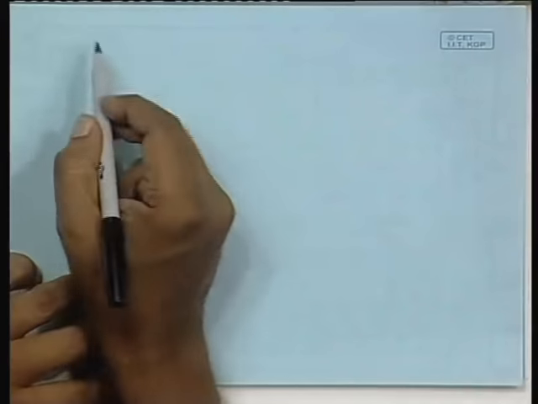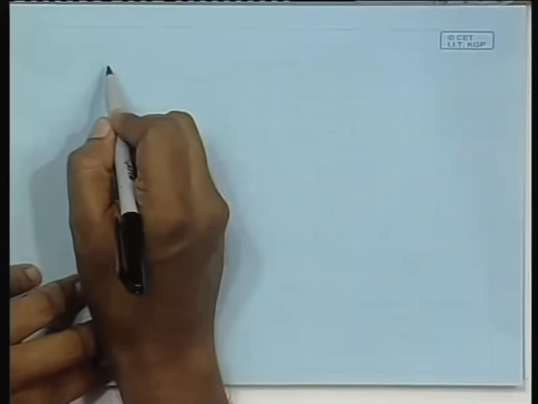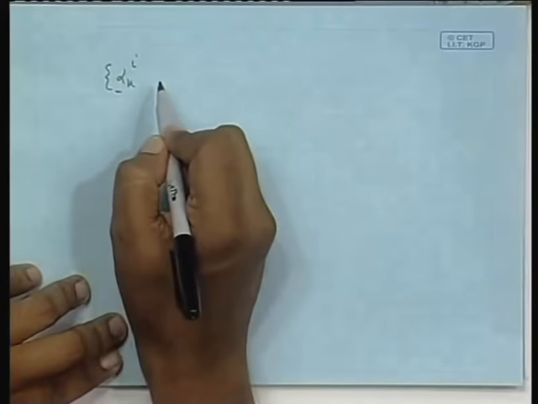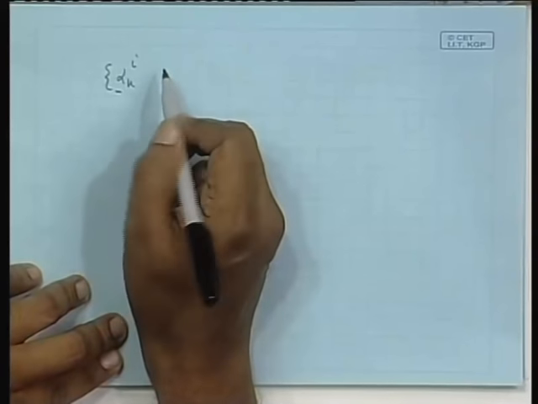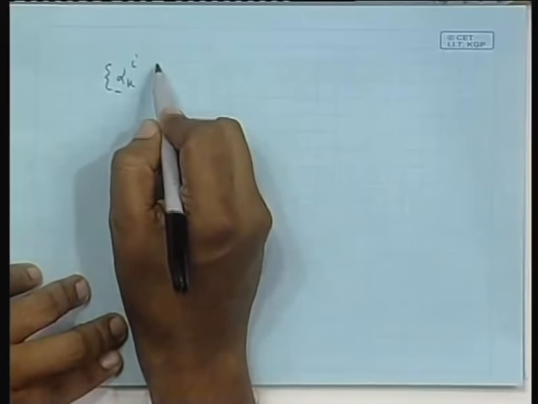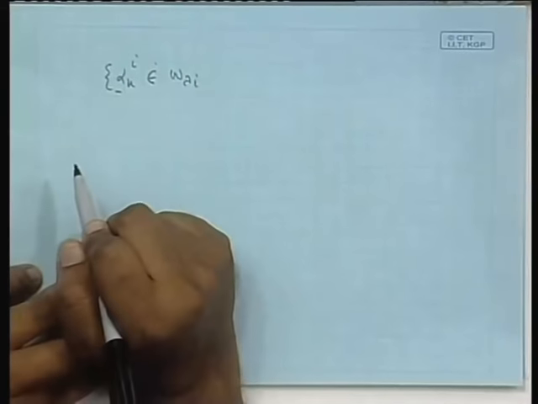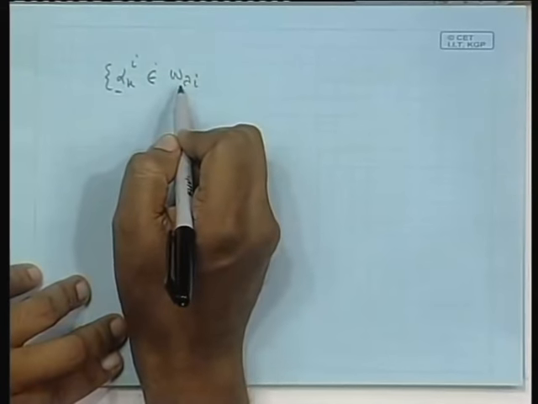Suppose I am considering the ith eigen subspace, that is W lambda i, the eigen subspace corresponding to lambda i.